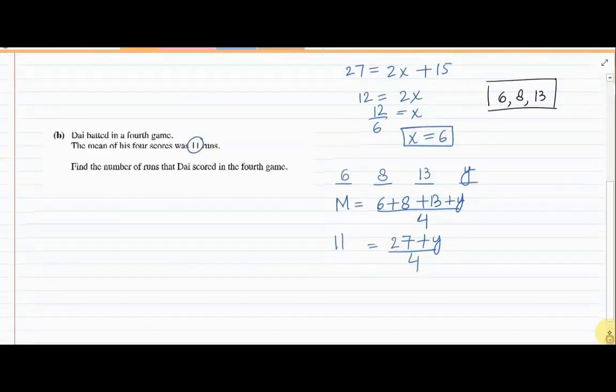Now cross multiplication: 4 times 11 is 44, equals 27 plus Y. Right? Now you need to simplify this equation. So 44 minus 27 gives you 17. So in the 4th game he scored 17.